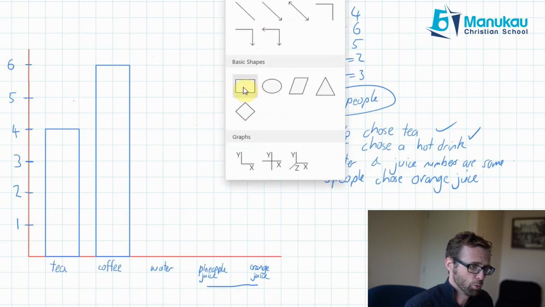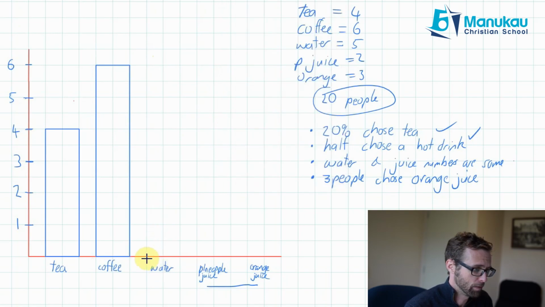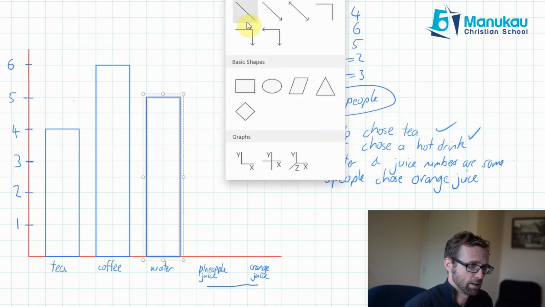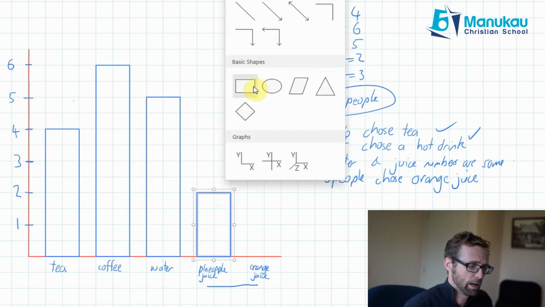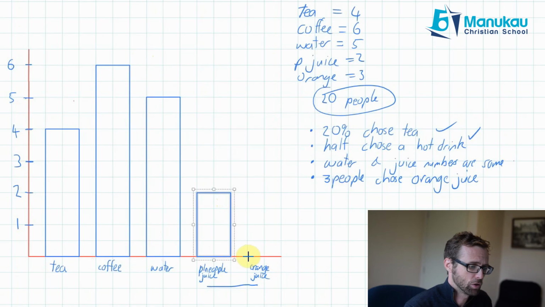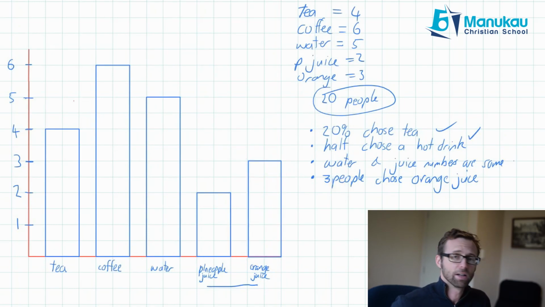Water is 5, so that's going to go up to there. And then we'll try pineapple juice, which is 2. It's our lowest one, so that's that. And finally, our orange juice, which takes us to, I think it was 3. And there is our bar graph showing that data there.